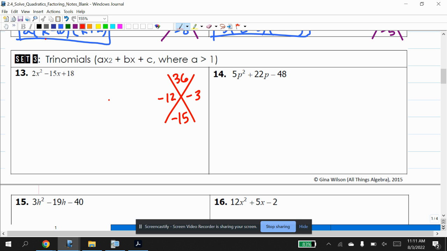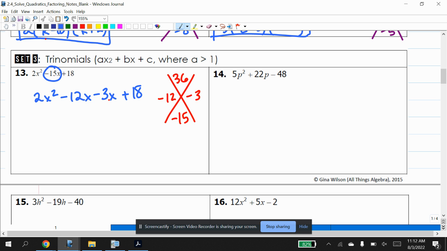Now, here's the difference in this and what we did before. There's not a shortcut. You've got to use that GCF type factoring to help us do this. So what we're going to do is replace that middle term with these two, and create a polynomial that we can group. So we're going to rewrite it as 2x squared minus 12x minus 3x plus 18.